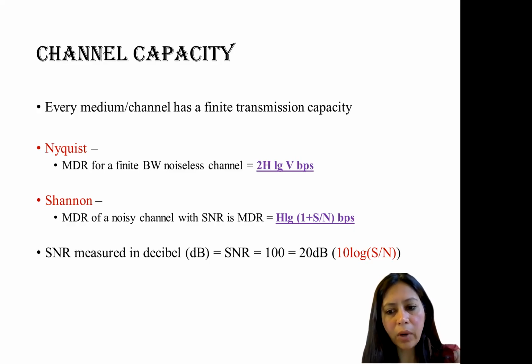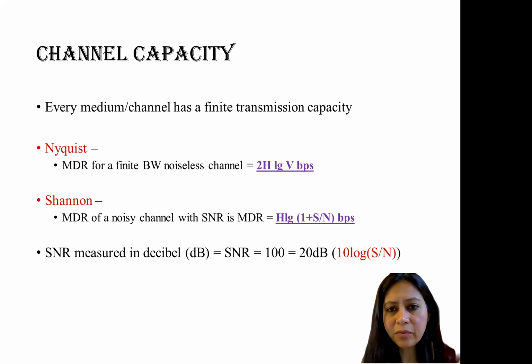Log 100 is log of 10 to the power 2, which boils down to 2. So 10 times 2 is 20, so 20 dB. When we say the SNR is 20 dB, what we mean is the raw S over N is 100.